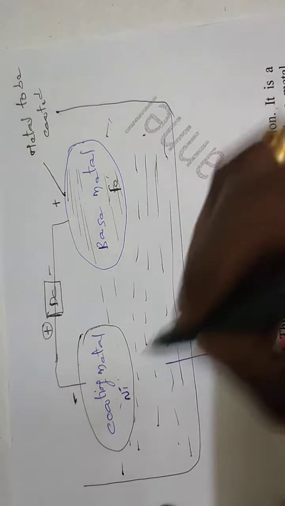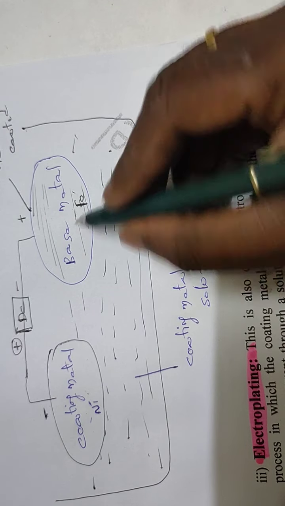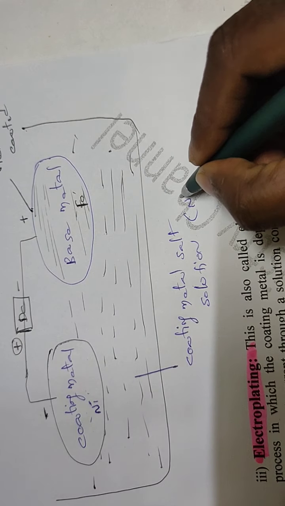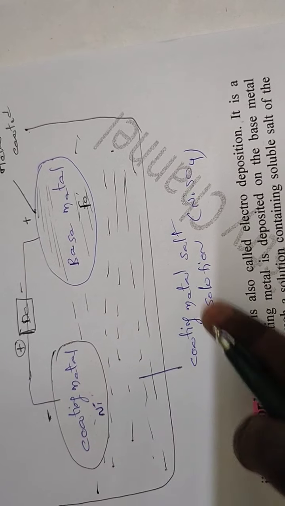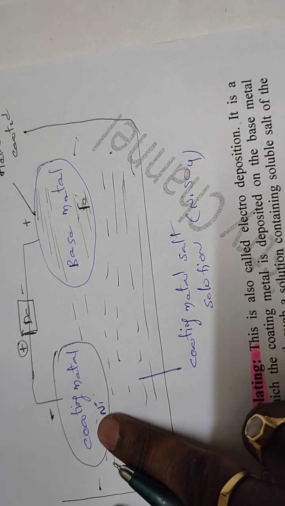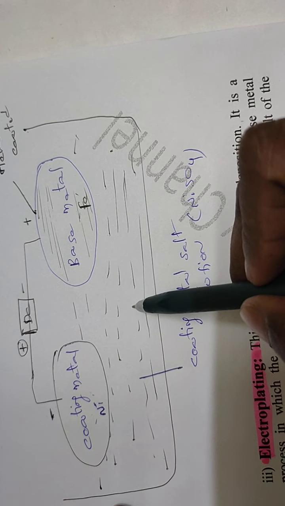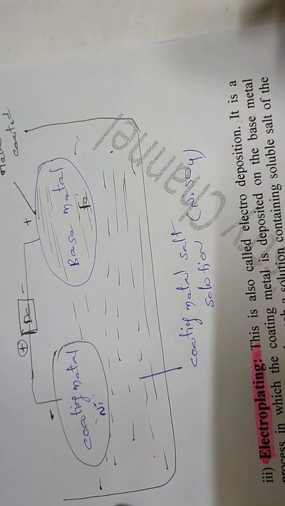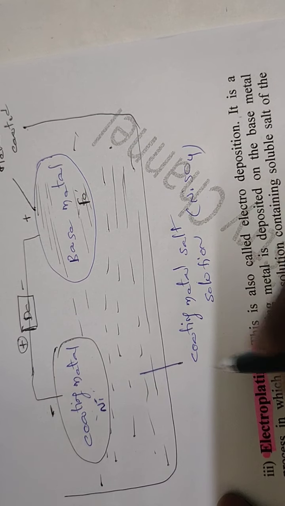That means if you want to coat this iron metal with nickel, it is NiSO4 or NiCl2. So here our coating metal is nickel, so the coating metal salt solution is either NiSO4 or NiCl2 or any nickel salt solution. Then what happens?